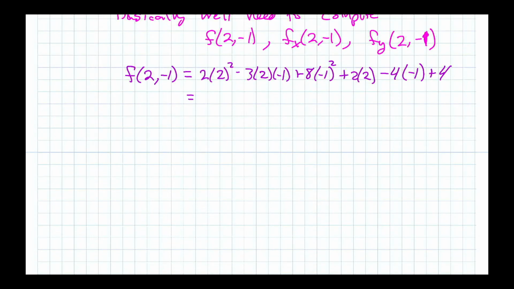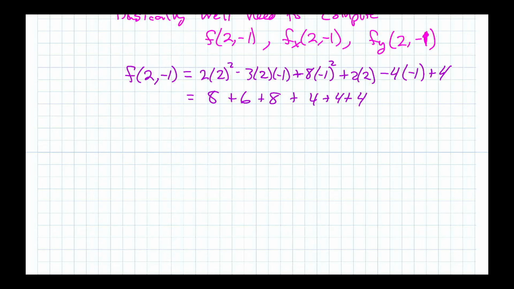So we have 2 times 2 times 2, so 8. Minus 3 times 2 times negative 1, so that's going to be plus 6. This is a plus, I think. So we got plus 8, another plus 8, plus 4, plus 4, plus 4.